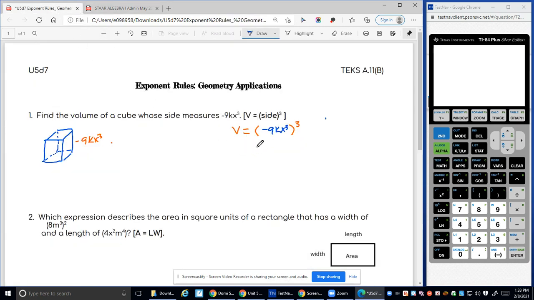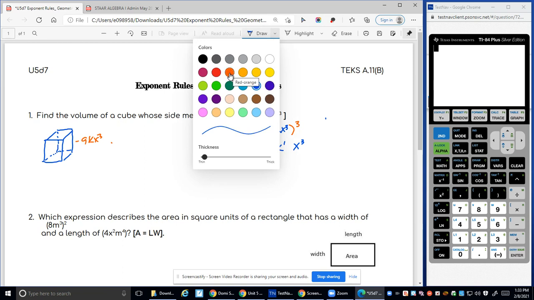When we do this, it's going to end up being negative 9. And if you don't have an exponent, you can put a 1. I'm going to spread this out a little bit. I have an exponent of 1, and then here I have an exponent of 3. What I'm going to do is distribute that exponent to each one.